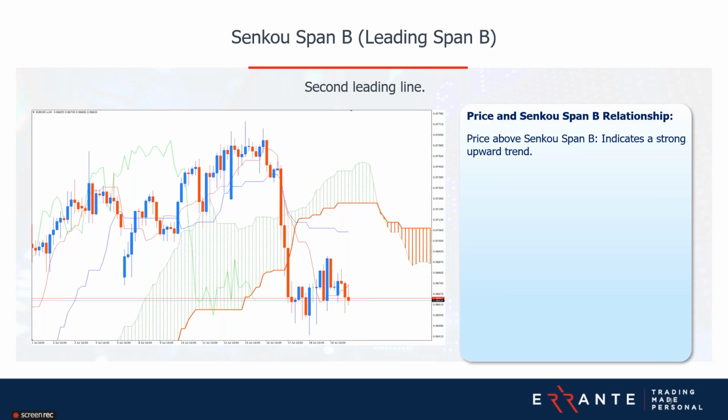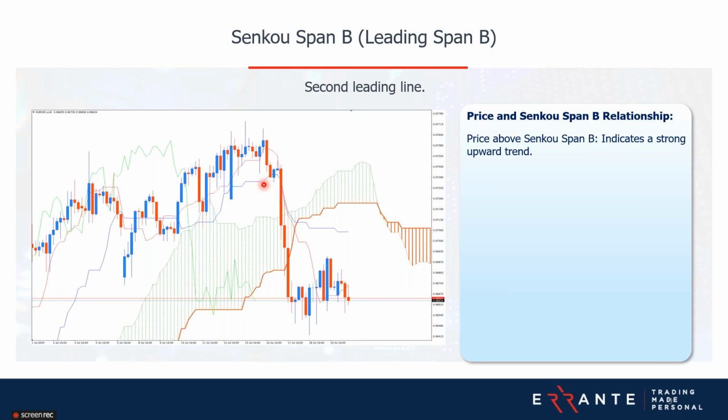Okay, so it serves as a powerful indicator for determining key levels in the market. And it's really important to know that if you want to rank the support and resistance levels, you have to keep in mind that the Senkou Span B is the most powerful and reliable one.